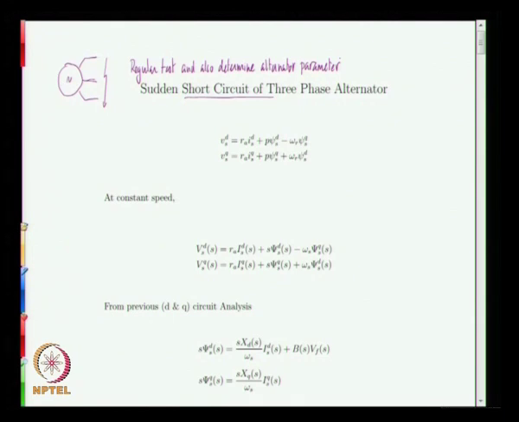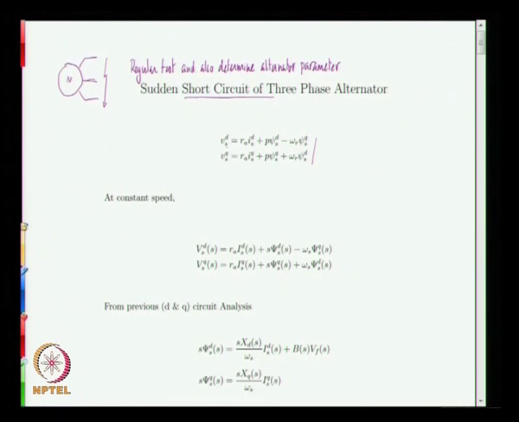So, how do we analyze this situation using all that we have learned so far? If we look at the alternator equations, they can be written in this form. This we have already seen. This is the shortened form of the alternator voltage equations using the flux linkage definitions.